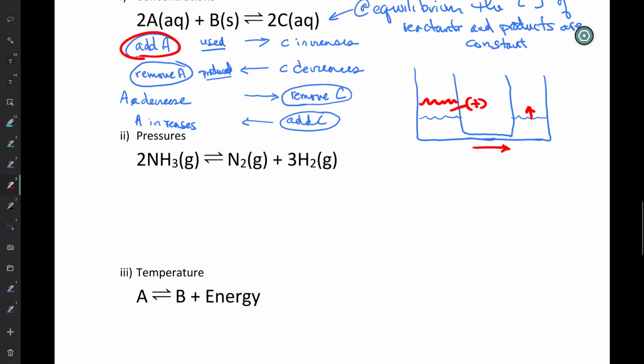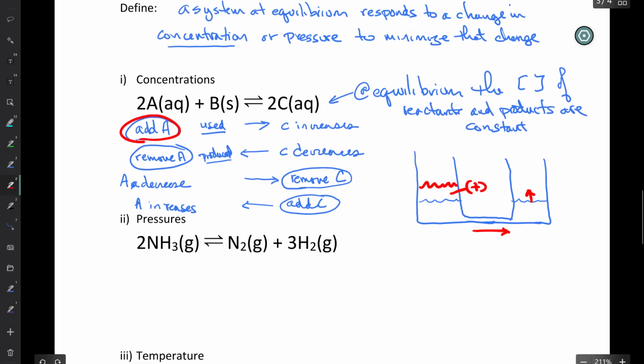And this is essentially what Le Chatelier's principle is saying. A system, right, at equilibrium responds to a change in concentration or pressure to minimize that change. And then here's the last important part: re-establish equilibrium.